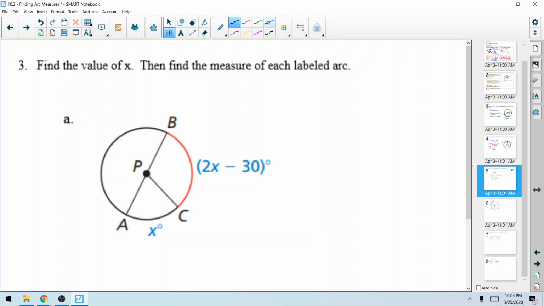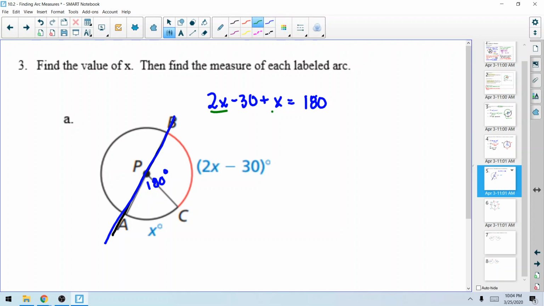Okay, taking a look at what I got. First thing I'm looking at is I'm looking at this right here. To me, pretty sure that's a diameter, which means this whole side of the circle has to be 180 degrees. So I'm going to take my 2x minus 30. I'm going to add on my x, and I know all of it on that semicircle has to be 180.